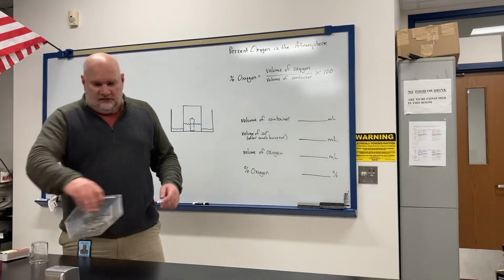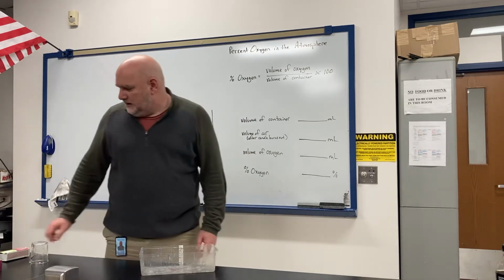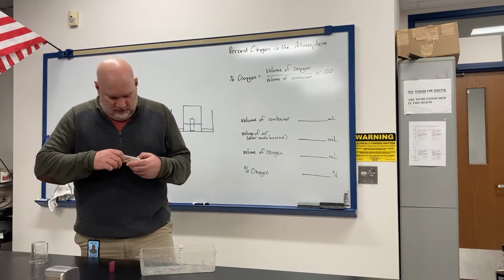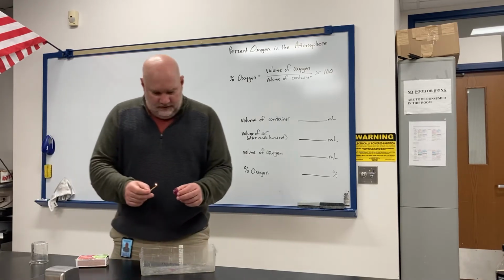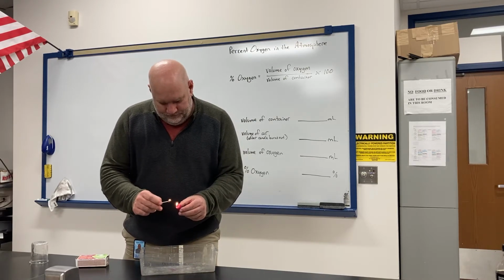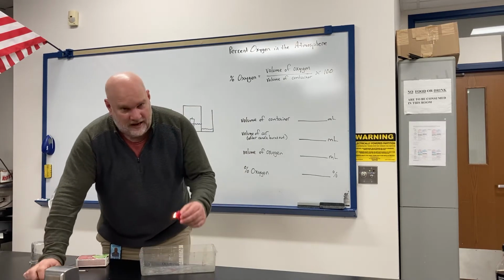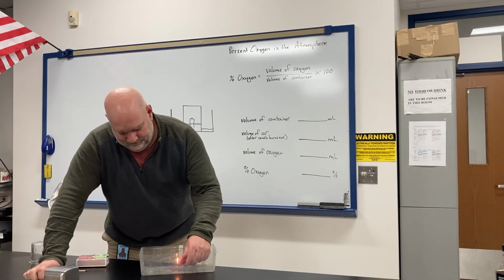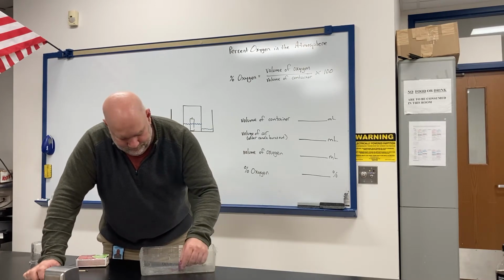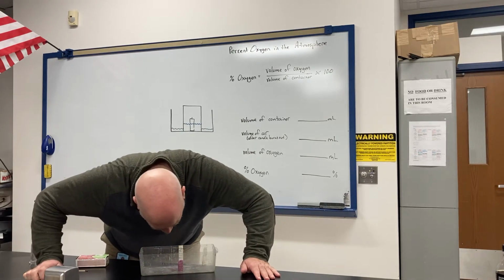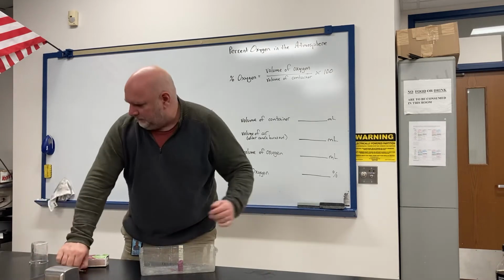So here is the setup, and here is my candle. Step one, I'll light my candle here and get a few drops of wax on the bottom of this, as such.